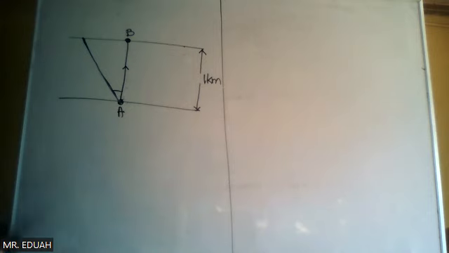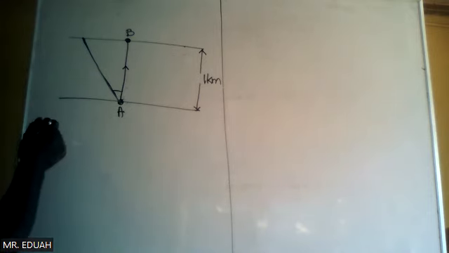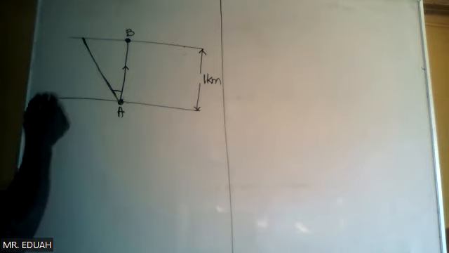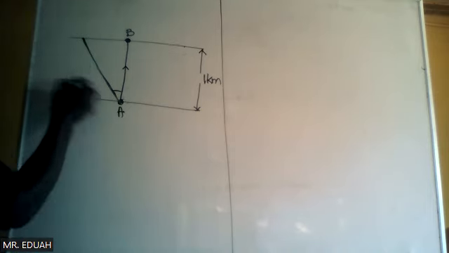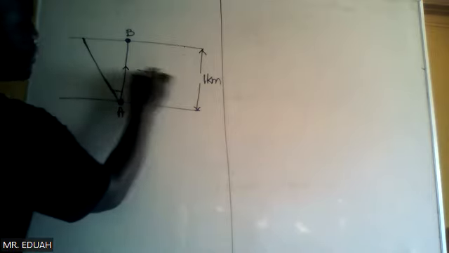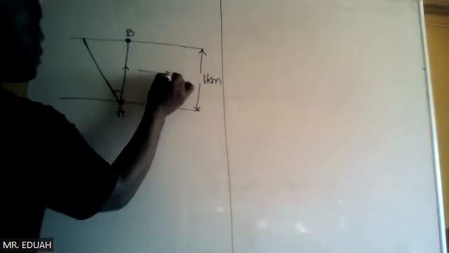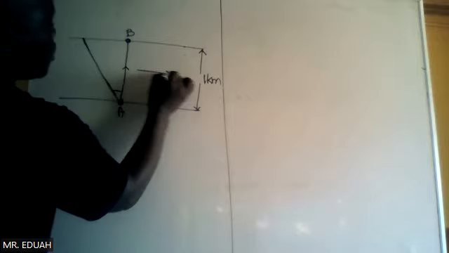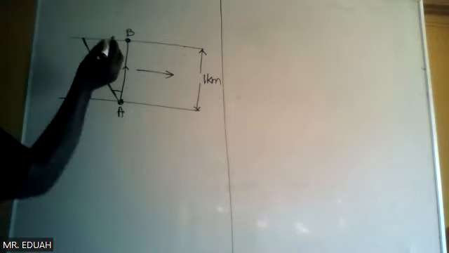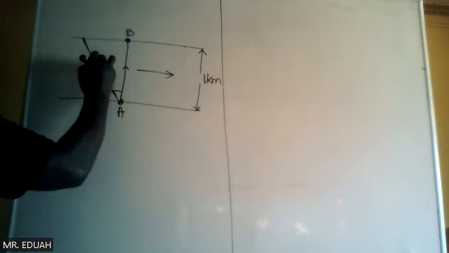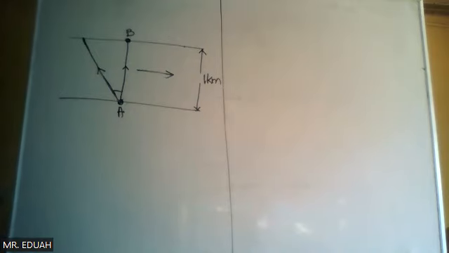Now the question: if the river flows with a velocity of this, we are assuming the river flows in this direction. Of course, when you draw, depending on how you want to answer, the river can also go this way. And this is the direction of the boat, though the angle we don't know.